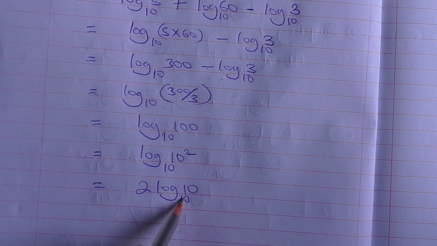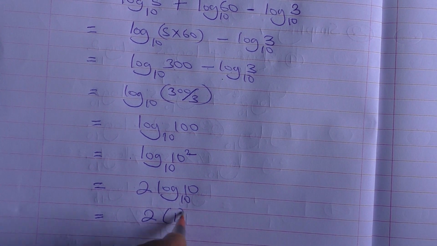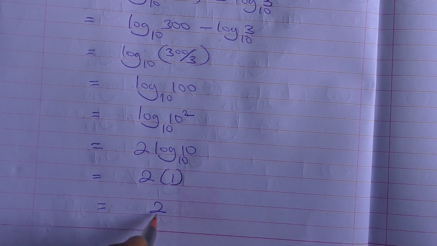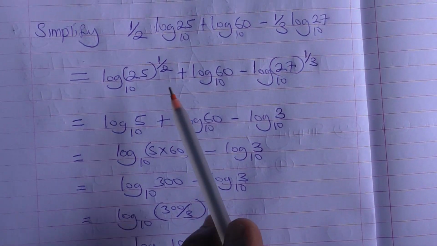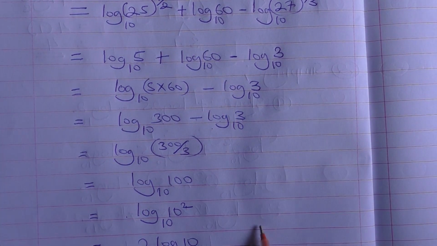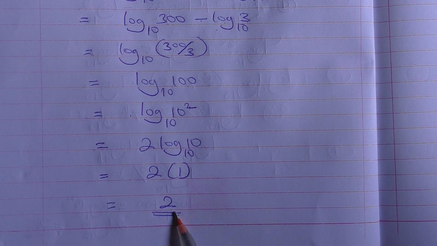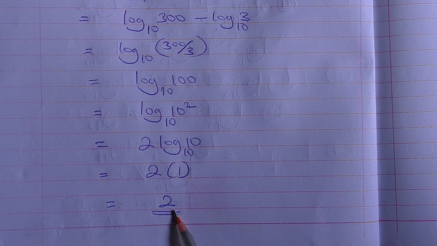And since the base is the same as the power, that log equals 1, so that we have 2 into 1, giving us our final answer as 2. So that is how we simplified all the way from the first step up to getting the final answer as 2. Let us look at our second example.